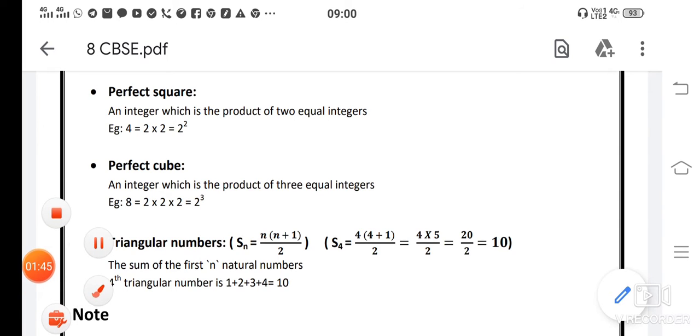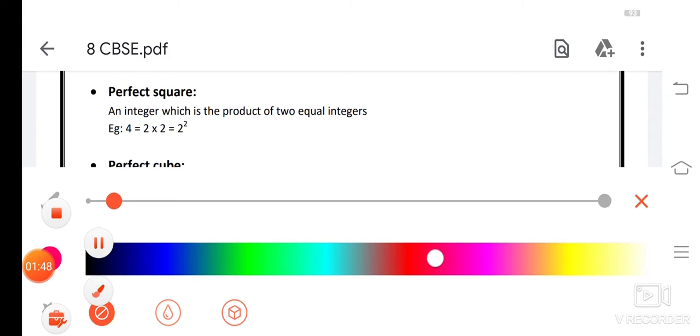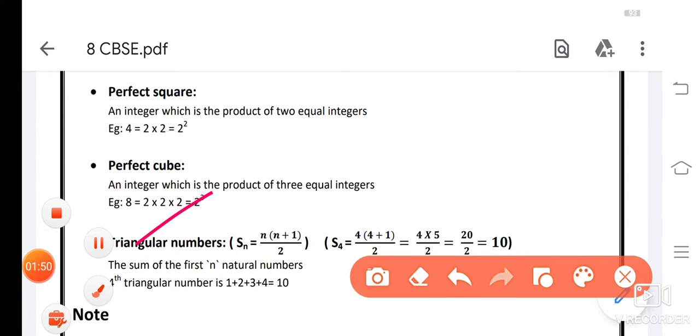Now we will learn triangular numbers. The triangular numbers formula says that Sn is equal to n into (n plus 1) whole divided by 2. Suppose now I have to find the sum of the first 4 numbers. If you add like this, 1 plus 2 plus 3 plus 4, you will get 10.